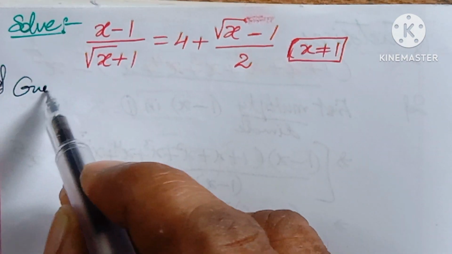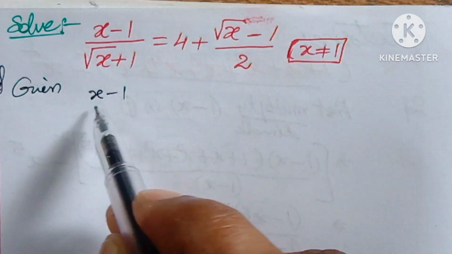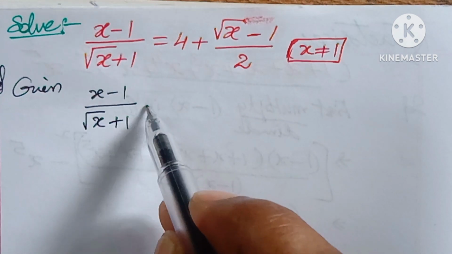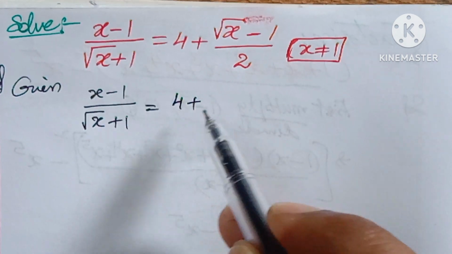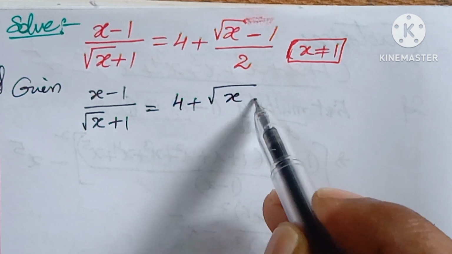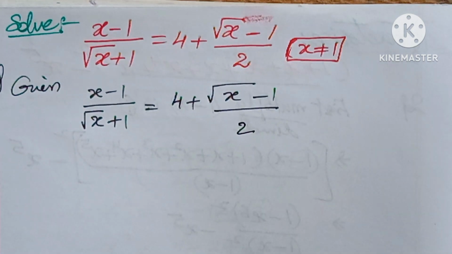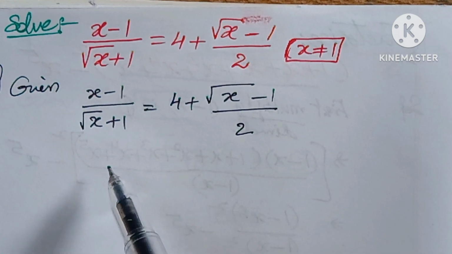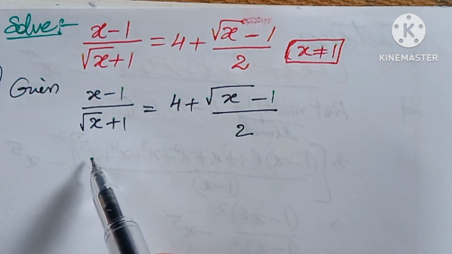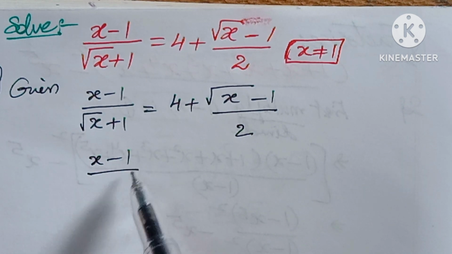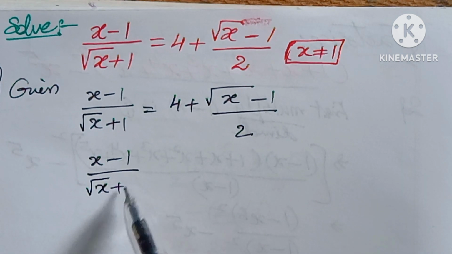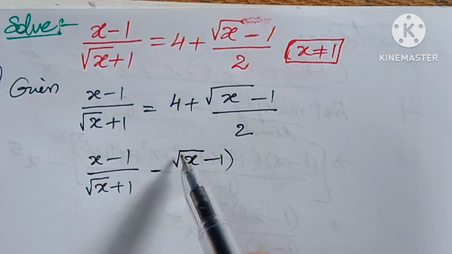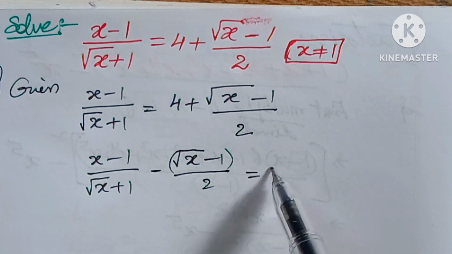So first of all, what is given? (x − 1)/(√x + 1) is equal to 4 + (√x − 1)/2. Now here, take the x terms to one side: (x − 1)/(√x + 1) − (√x − 1)/2 is equal to 4.